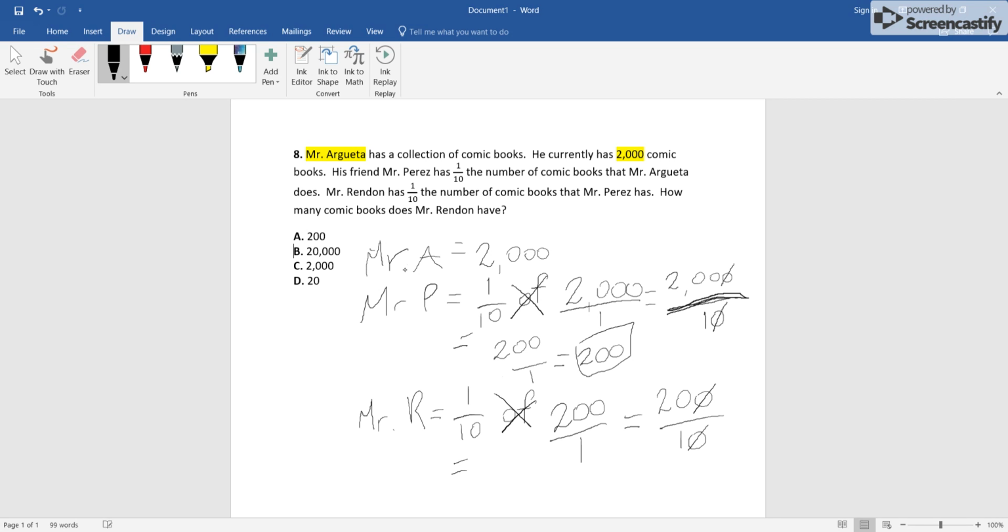So now I have 20 divided by 1, or 20 out of 1. And anything divided by 1 is anything. So 20 divided by 1 is 20. So our answer for this question is D, because we're looking for Mr. Rendon. And Mr. Rendon has 20.